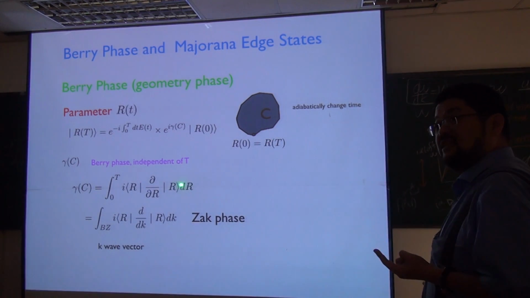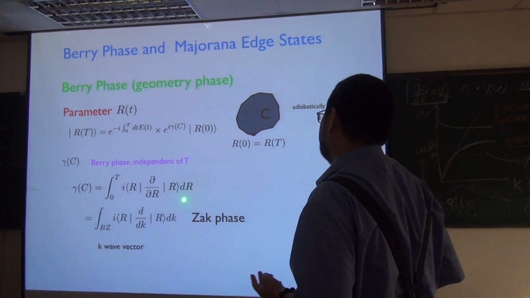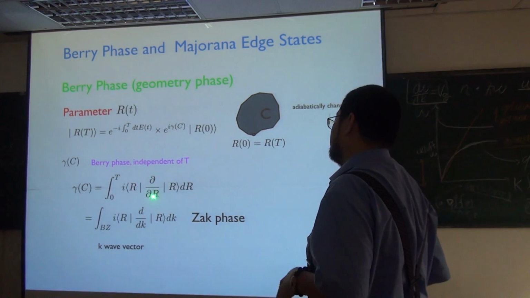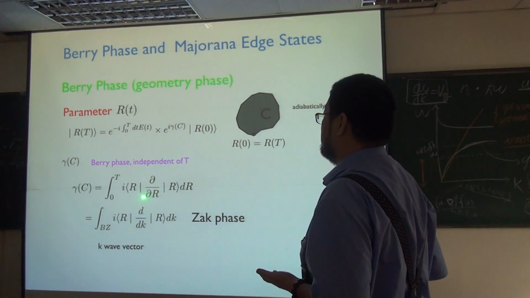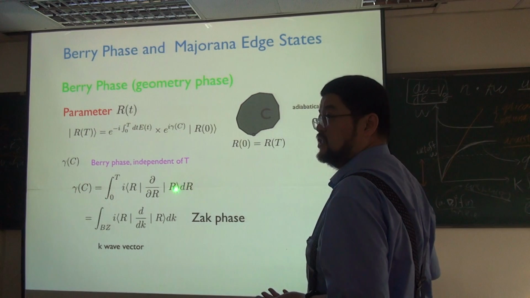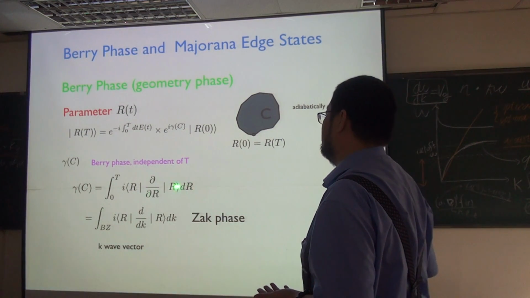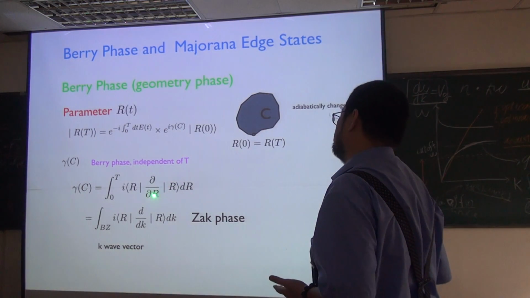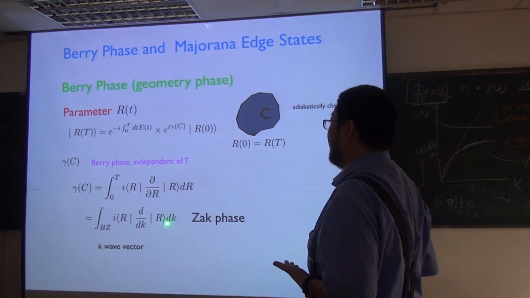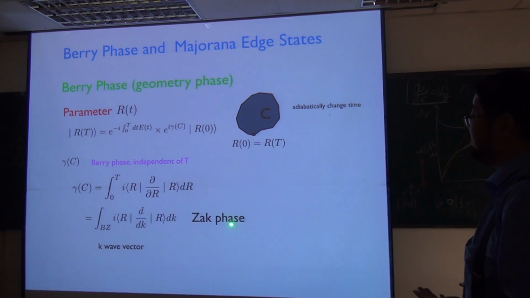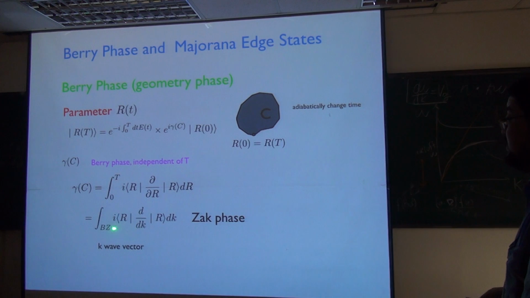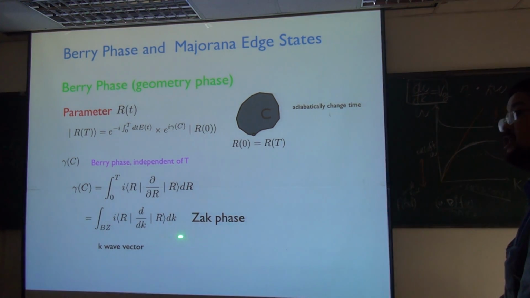Second, it doesn't depend on the parameter you use. You can use t, because the original definition is partial t, but because of these terms, you can change that to partial r or partial k. Then this is the Zak phase, and the Zak phase is eventually the Berry phase in the Brillouin zone.